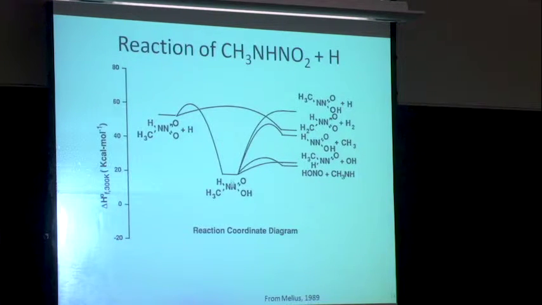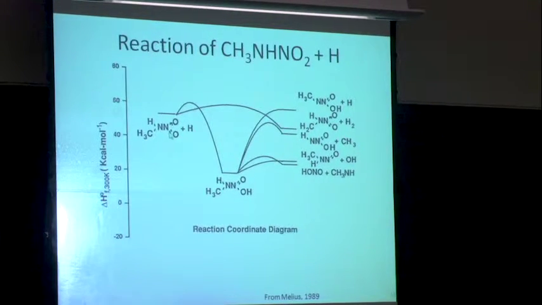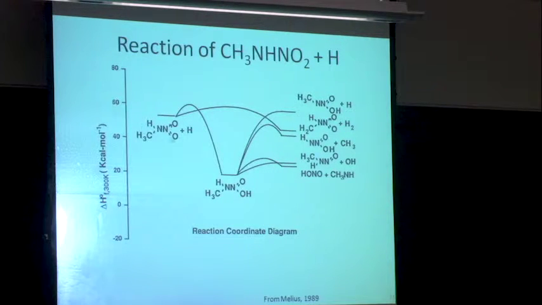If I go back and compare, if I start off with my methyl nitramine and I wanted to break this NN bond as was done here, if you remember from the previous slide, the bond energy here was about 60 kilocalories per mole. So what that indicates, once I start obviously getting a radical pool started, then the barriers for reaction, the activation energies become lower, and I start favoring then the autocatalyst reactions with radicals.